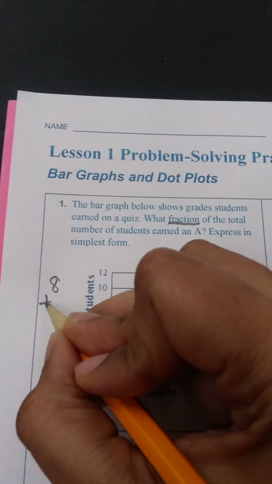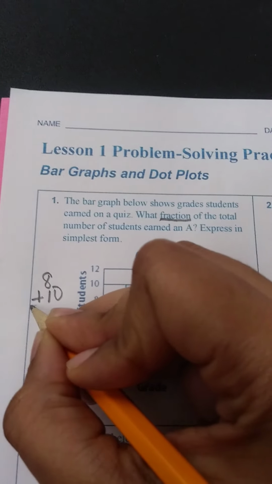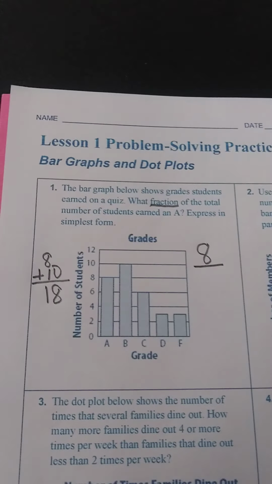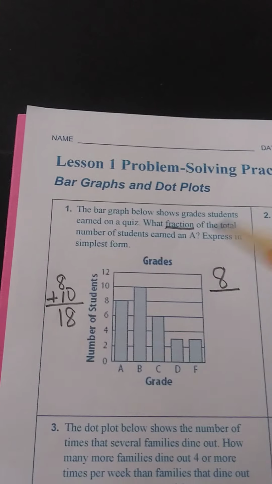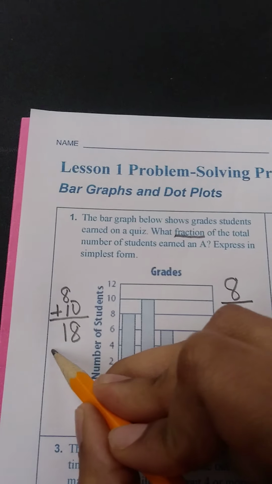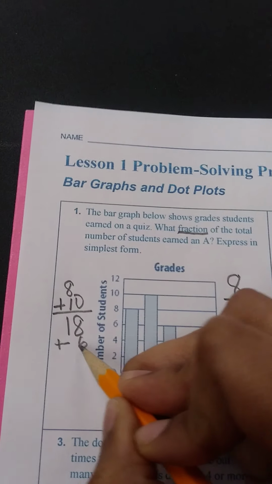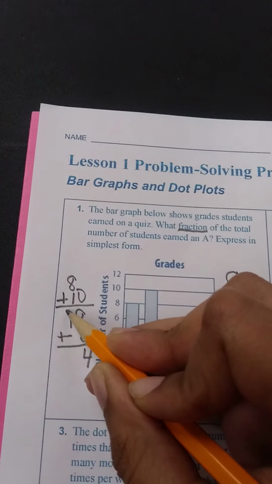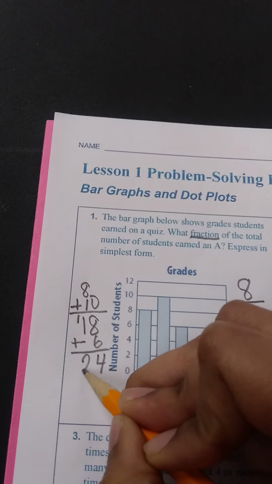So we have 8 plus 10, which is 18. Then we need to add the students that have a C. C students was 6, so we have 18 plus 6. 8 plus 6 is 14. Bring down your 4, carry your 1. 1 plus 1 is 2.